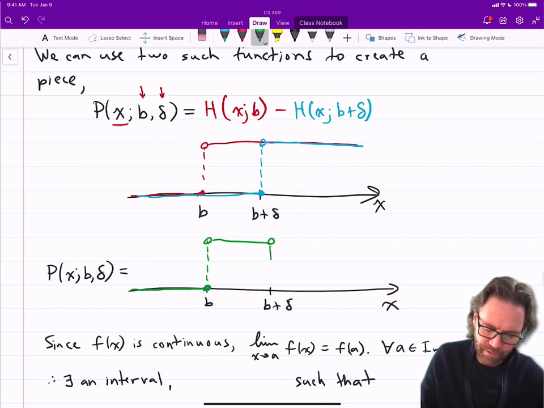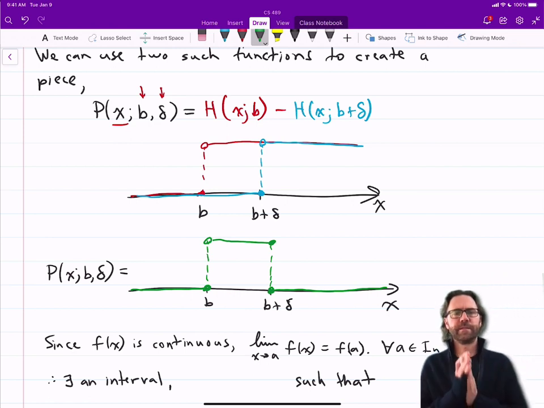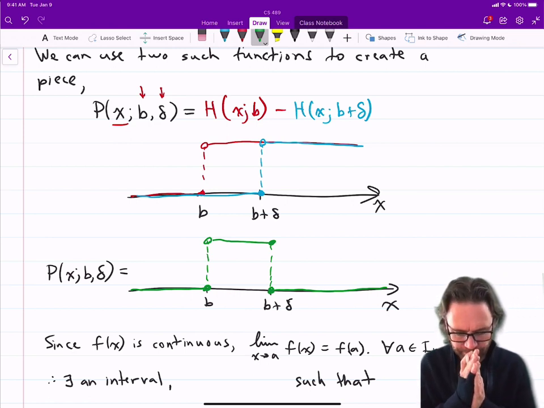I believe it's open there, though it doesn't really matter.